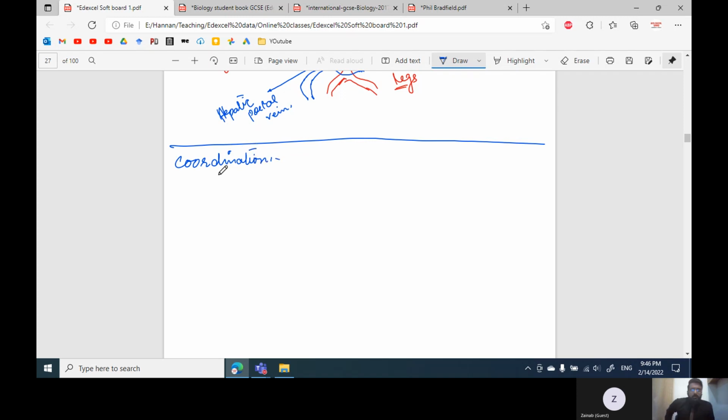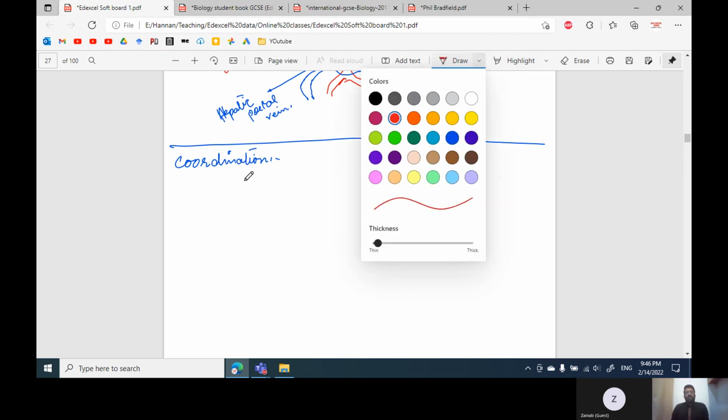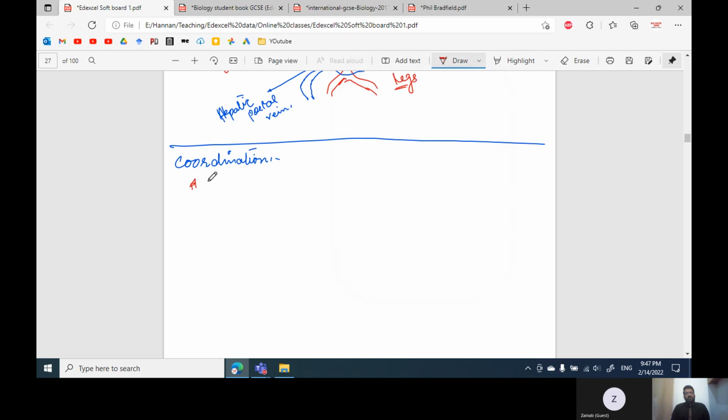All right. The literal meaning of coordination, or the supposed definition, is cooperation between different parts, not only of the body, but of any organization. If we talk about coordination, it is cooperation between the different parts of some sort of setup.